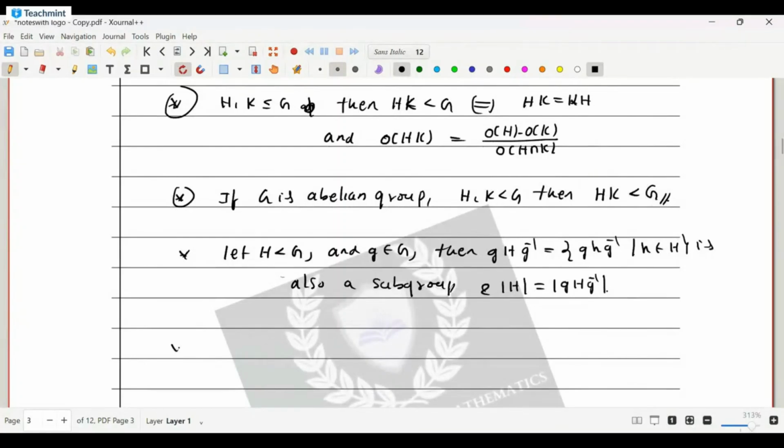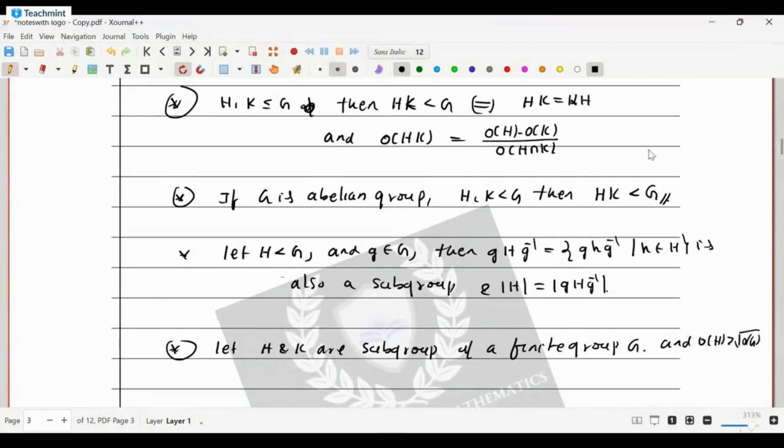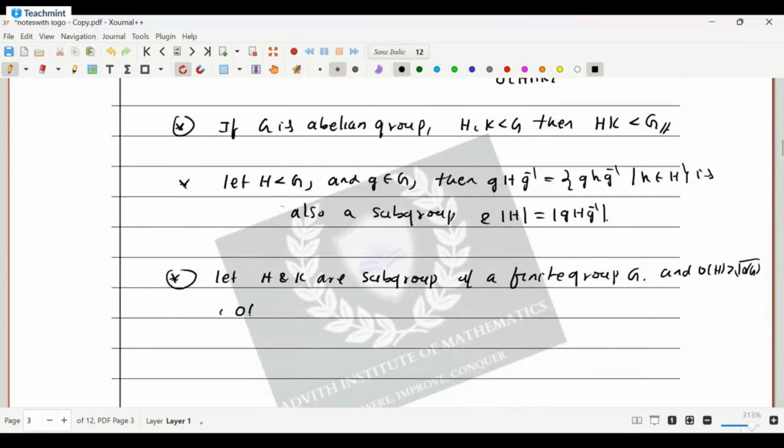Problem. Let H and K be subgroups of a finite group G, and the order of H is greater than the square root of the order of G, and the order of K is also greater than the square root of the order of G. Then H intersection K is not equal to the singleton {e}, that is, the order of H intersection K is greater than 1.